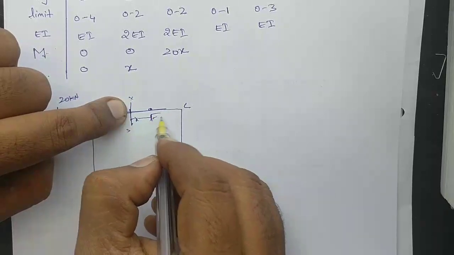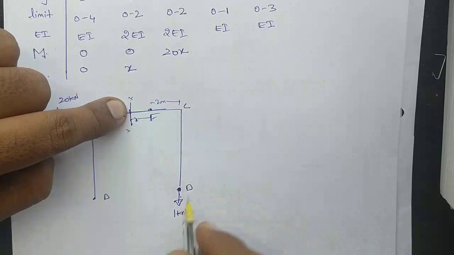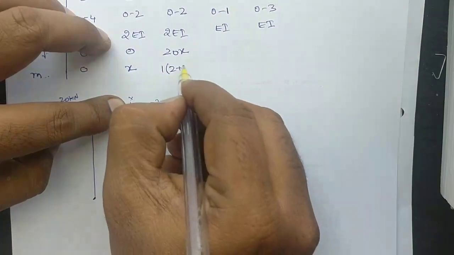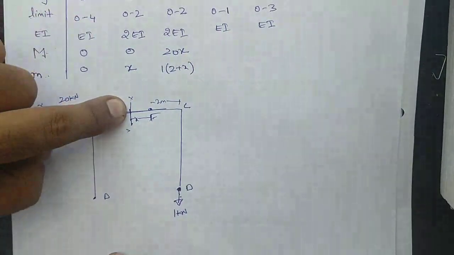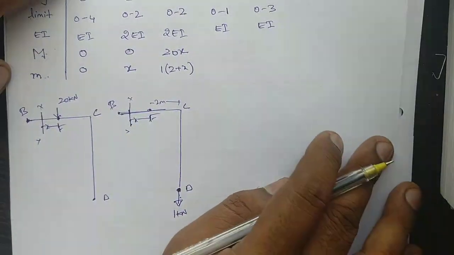This is 2. The total will be 2 plus x. 1 into 2 plus x, and you have clockwise. This is over for FB.